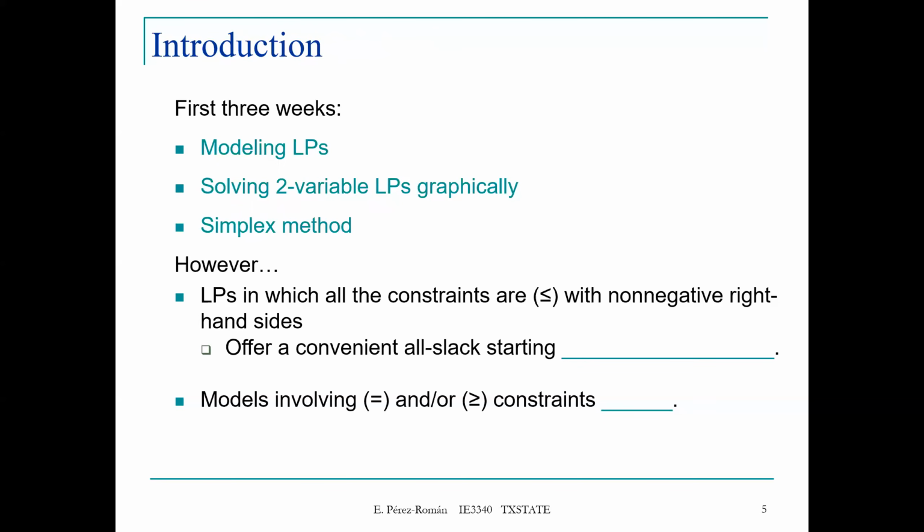However, linear programs in which all the constraints are less than or equal to, with non-negative right-hand sides, offer a convenient all-slack starting basic feasible solution. However, models involving equalities and/or greater or equal constraints do not.